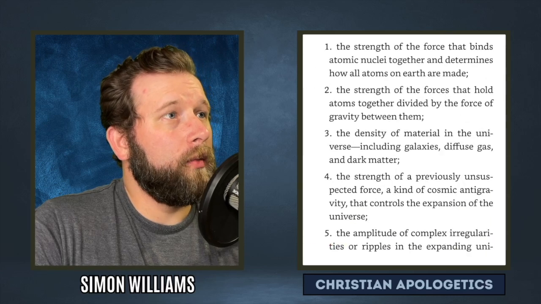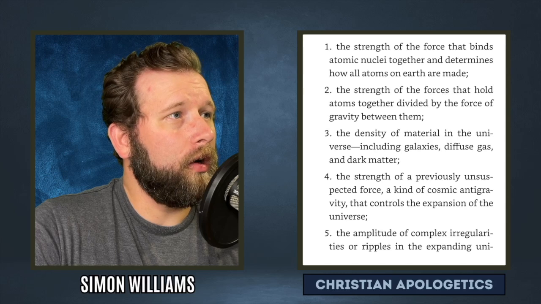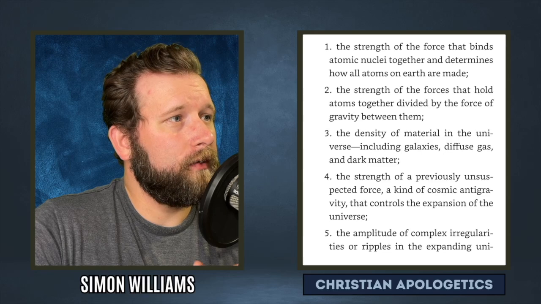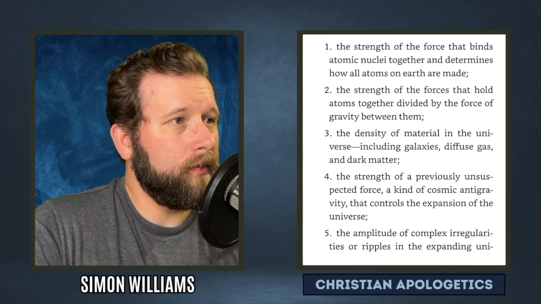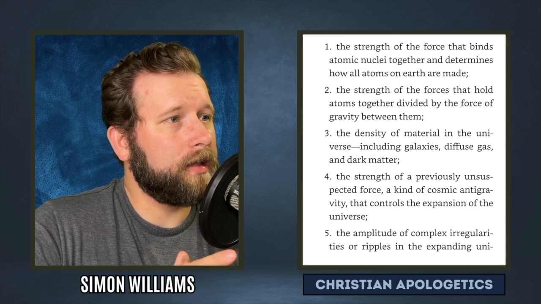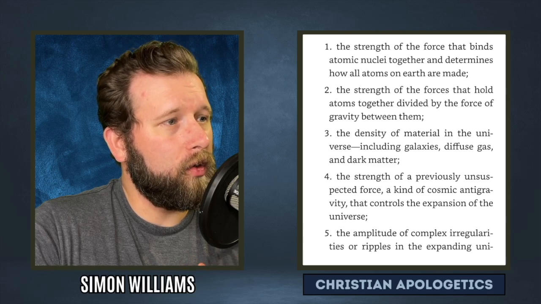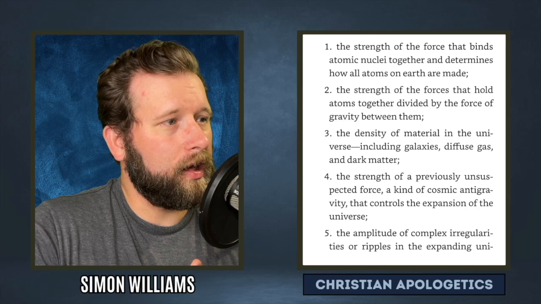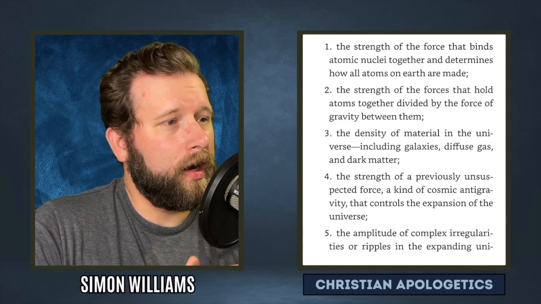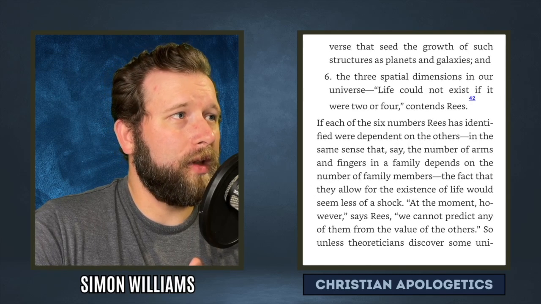Number 1, the strength of the force that binds atomic nuclei together and determines how all atoms on Earth are made. 2, the strength of the forces that hold atoms together divided by the force of the gravity between them. 3, the density of material in the universe, including galaxies, diffuse gas, and dark matter. 4, the strength of a previously unsuspected force, a kind of cosmic anti-gravity that controls the expansion of the universe. 5, the amplitude of complex irregularities or ripples in the expanding universe that seed the growth of such structures as planets and galaxies.